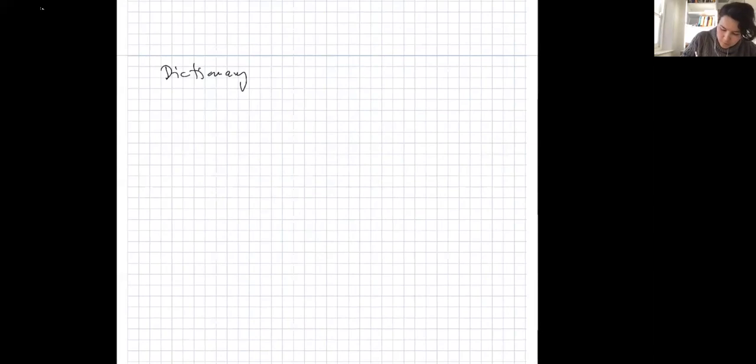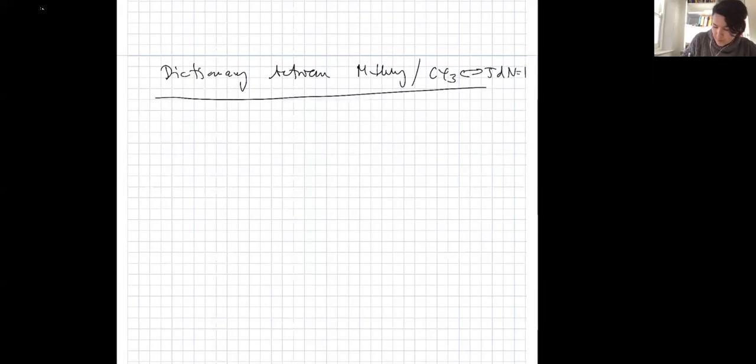So, right, dictionary. M-theory on Calabi-Yau 3-fold and 5D N=1.